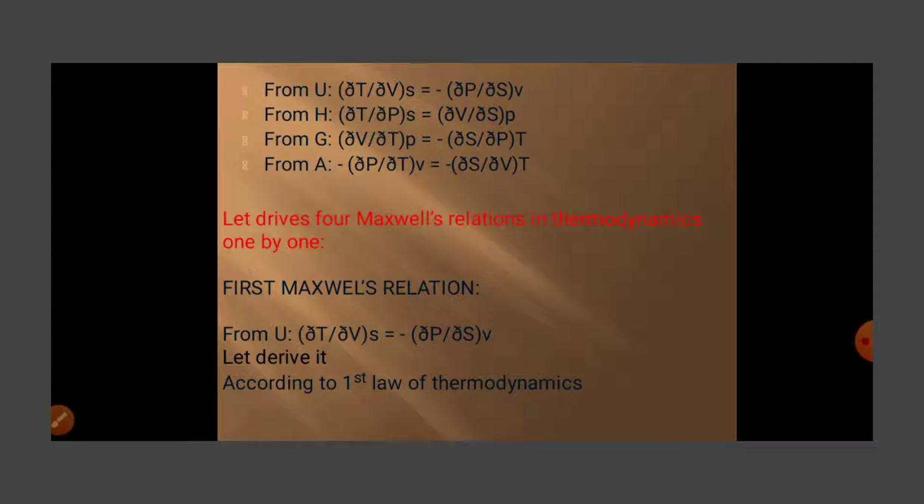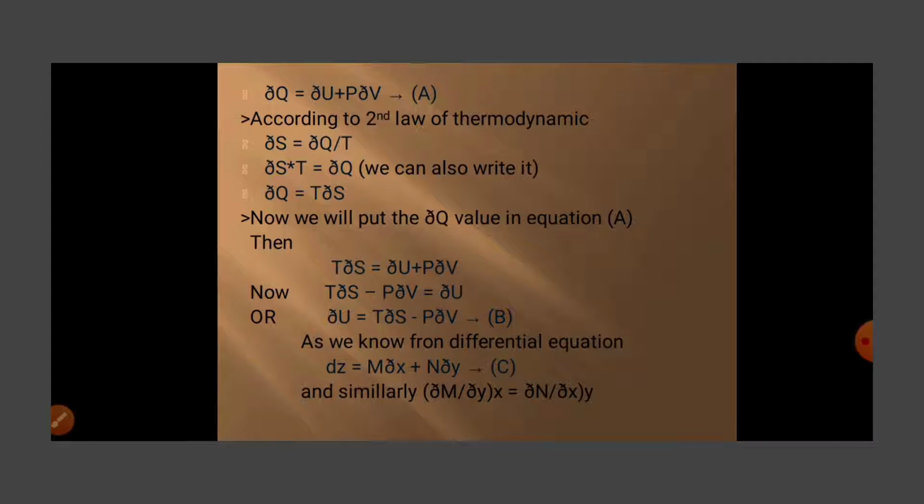For the derivation of the first Maxwell relation, according to the first law of thermodynamics, the mathematical form is dq equals dU plus P dV.